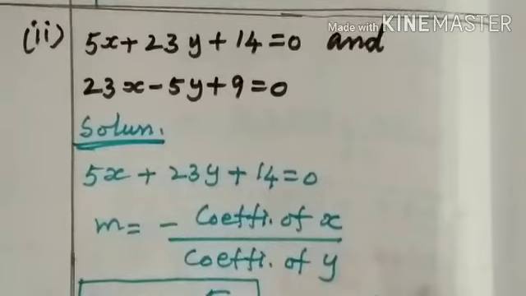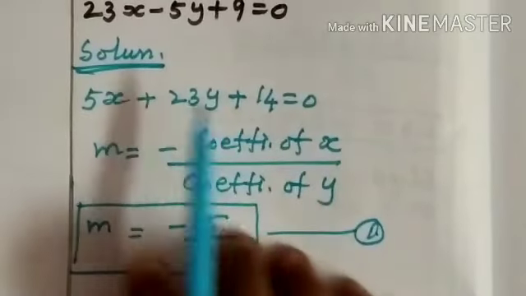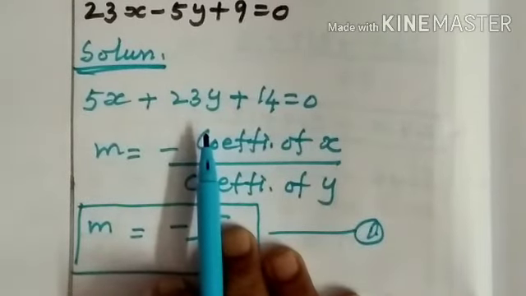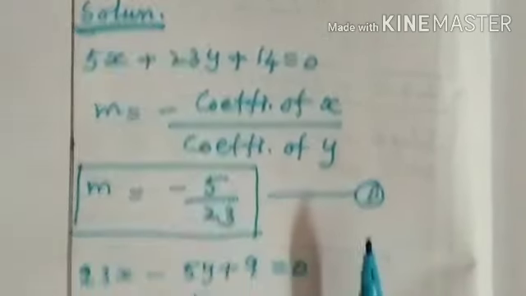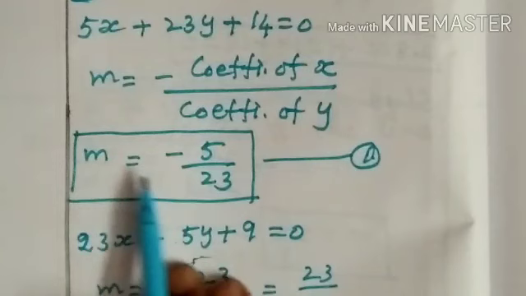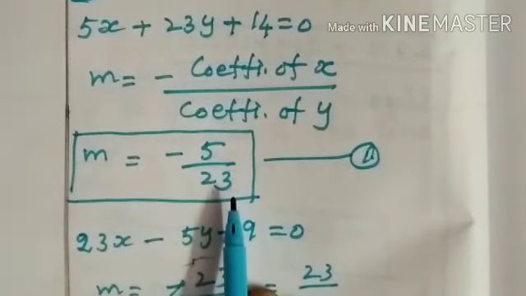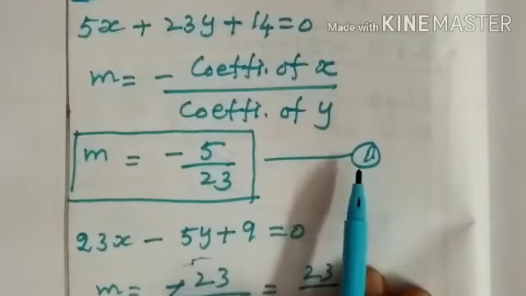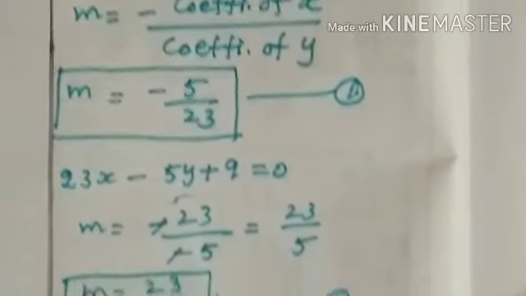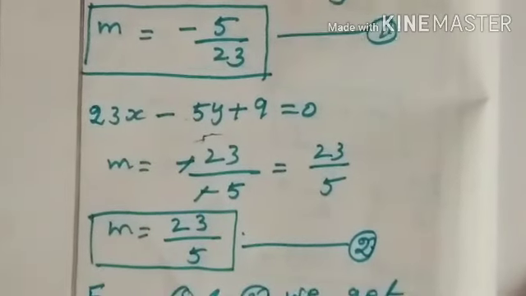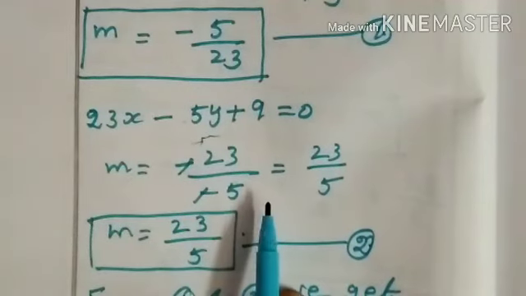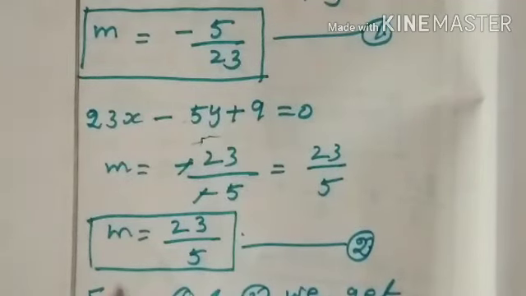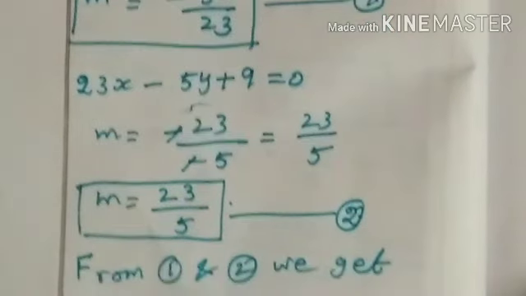See the second subdivision. For this also you take down and write the first equation. Then you apply the slope formula, and we get the slope m is equal to minus 5 by 23. Let us keep this as answer number 1. Then take down and write the second equation. Here also you apply the slope formula, and we get m is equal to 23 by 5.